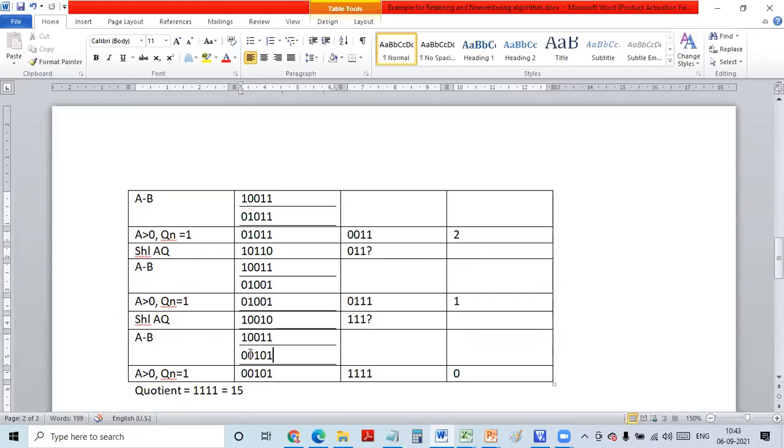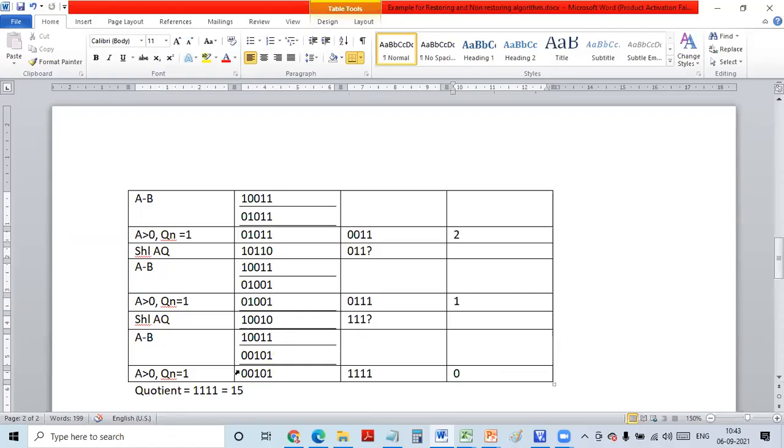Here in the result, the most significant bit of A is 0. It means the result is positive, A greater than 0. It is not negative. So the last inspecting bit needs to be set, so I am getting Qn as 1. Now reduce the counter. It becomes 0, so the operation is finished.